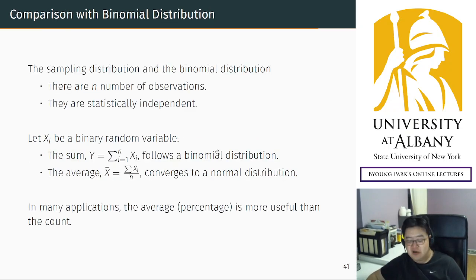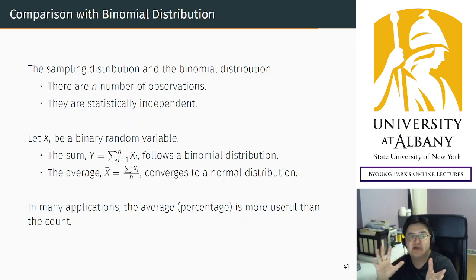Okay, as a last example, I'm going to compare the sampling distribution theory, the central limit theorem, with the binomial distribution, because by construction, the experiment for the binomial distribution involves multiple experiments. Do you remember? In the definition of a binomial distribution, you repeat a binary experiment for n number of times.